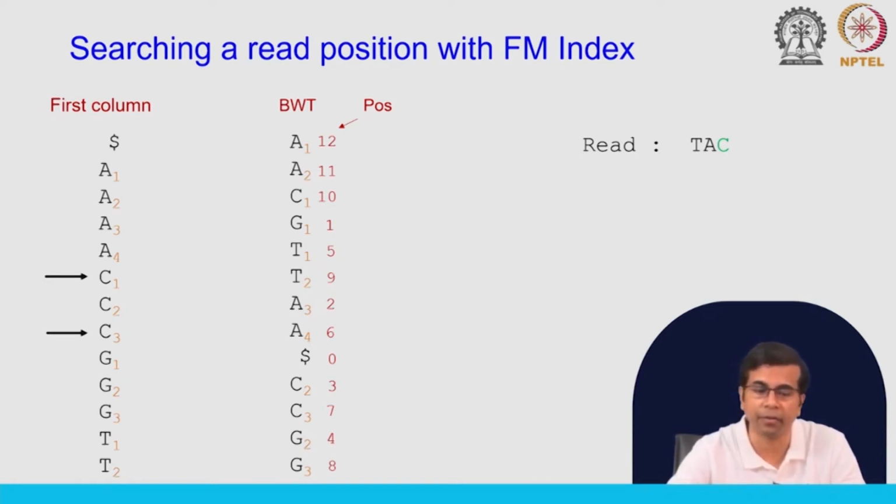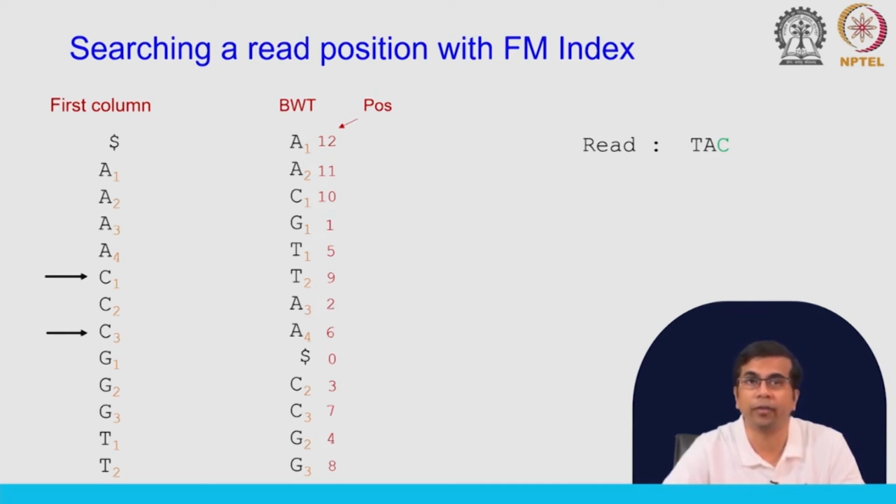Let us take an example to make it clear. Here this is C and the corresponding letter in the last column is T. So in the reference string this T comes before this C, because of the string rotations. Similarly, for these other 2 rows, you have C and then A3, C2 and A3. This A3 occurs before C in the reference string. We will remember that.